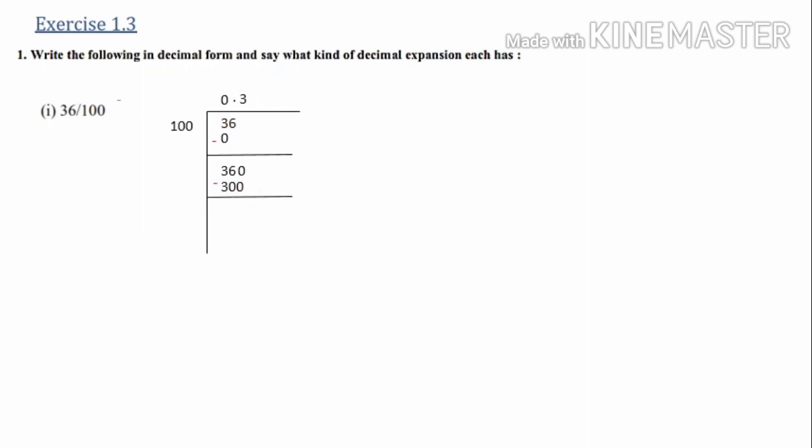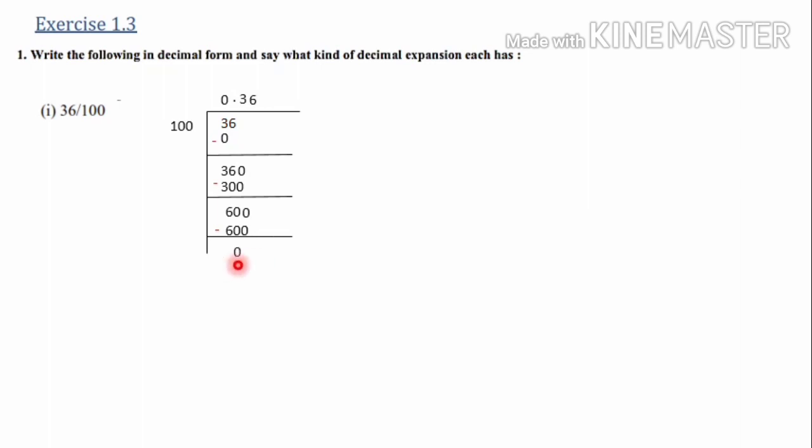Let's subtract: 360 minus 300 is 60. Put one more 0, and it becomes 600. In 600, 100 will go 6 times. 6 into 100 is 600. Now, when you subtract 600 and 600, we get the remainder 0.